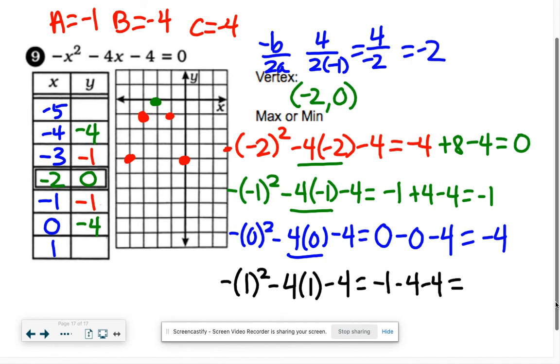We're going to get, what, -9? -9 goes in both of those spots, so go to the right 1, down 9. Same thing over here. There we go, kids, we did it. And now you can make your parabola. So now is your vertex a max or a min? Since it's at the top of the hill, it would be a max.